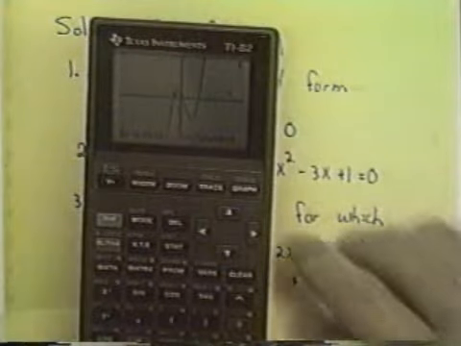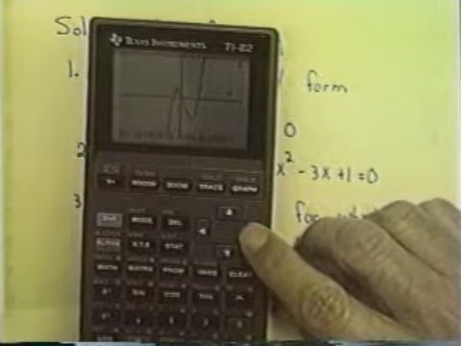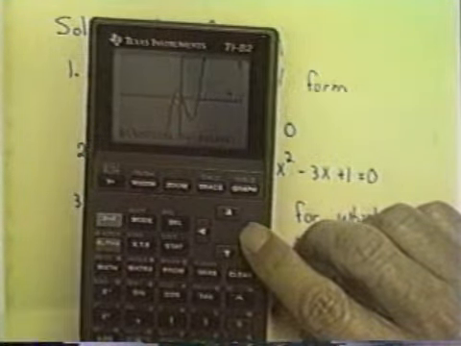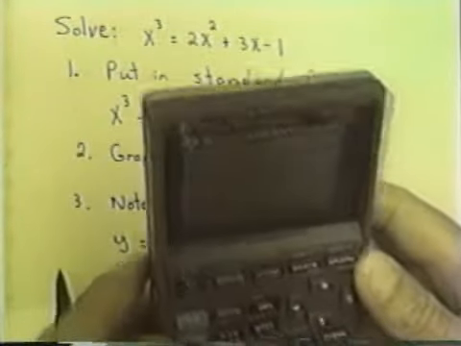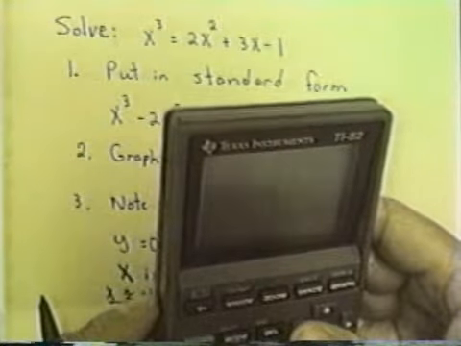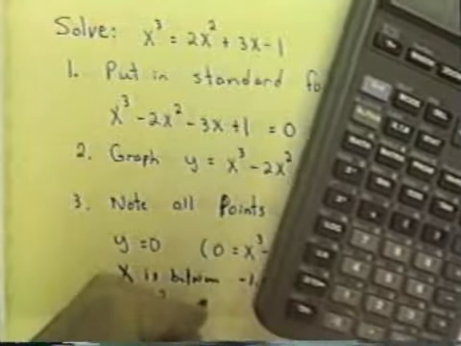Now let's move the cursor to another place in which it looks to be 0. Along there again we get that y is close to 0. Actually y here is a negative 0.5, and x is 0.42.